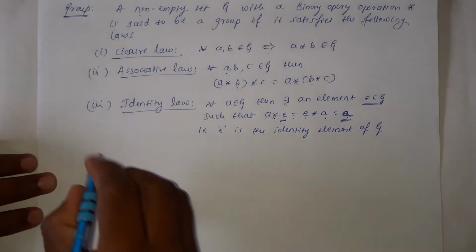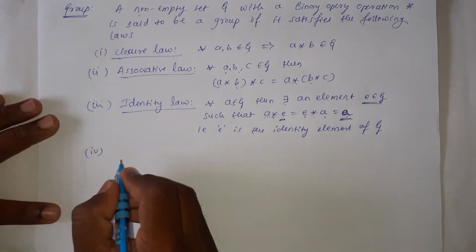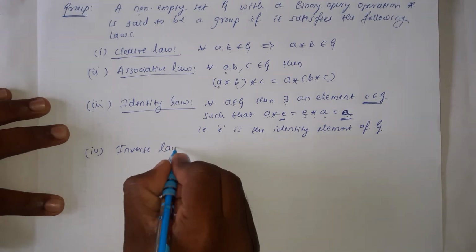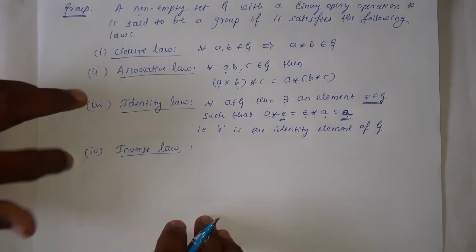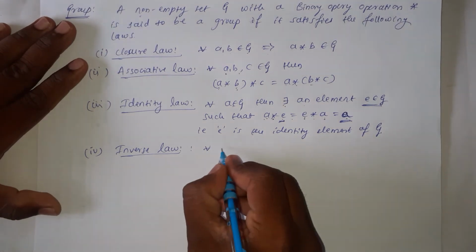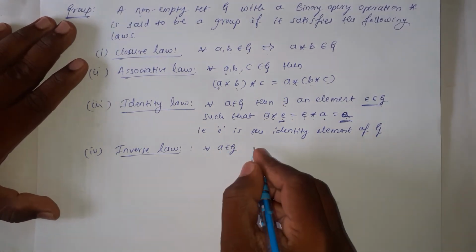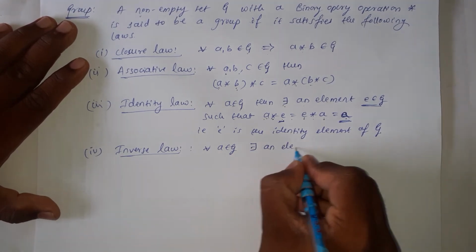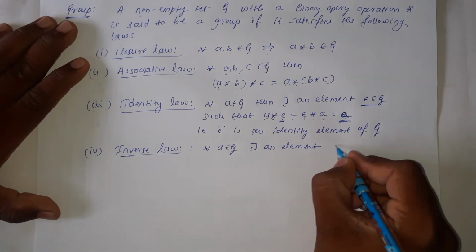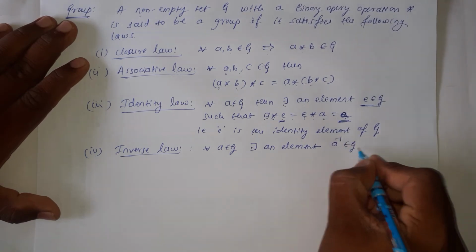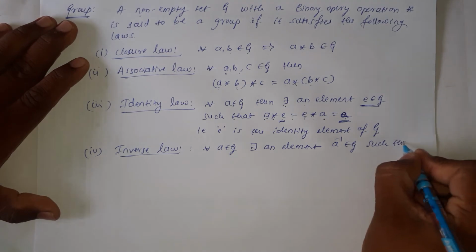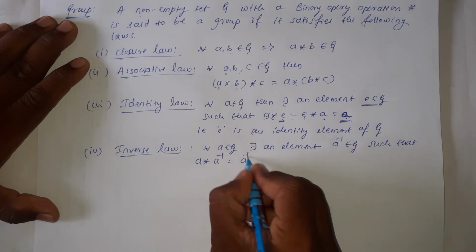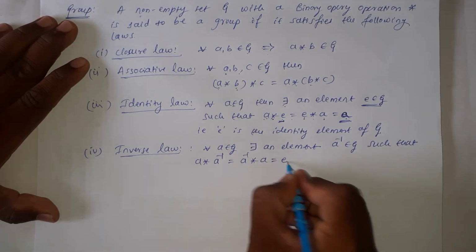Then fourth one, that is inverse law. So, here the statement is for all a belongs to G, there exists an element a inverse belongs to G such that a star a inverse equal to a inverse star a is equal to e.